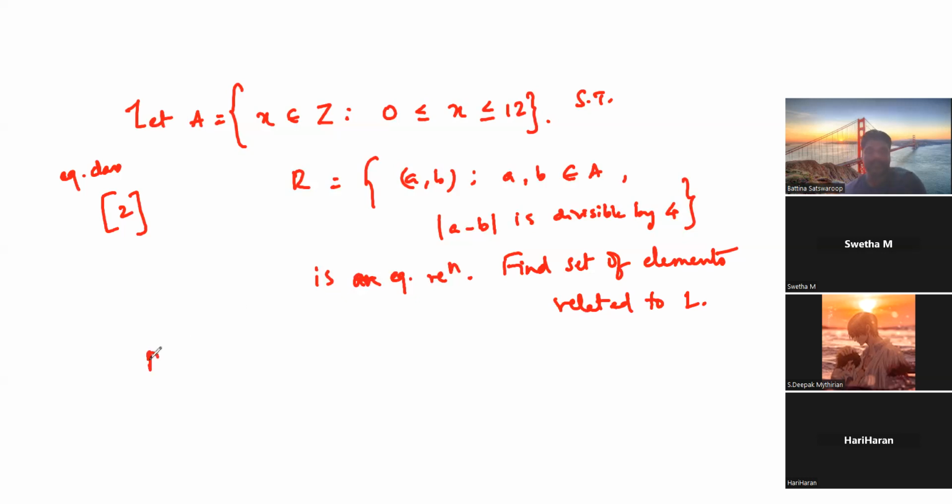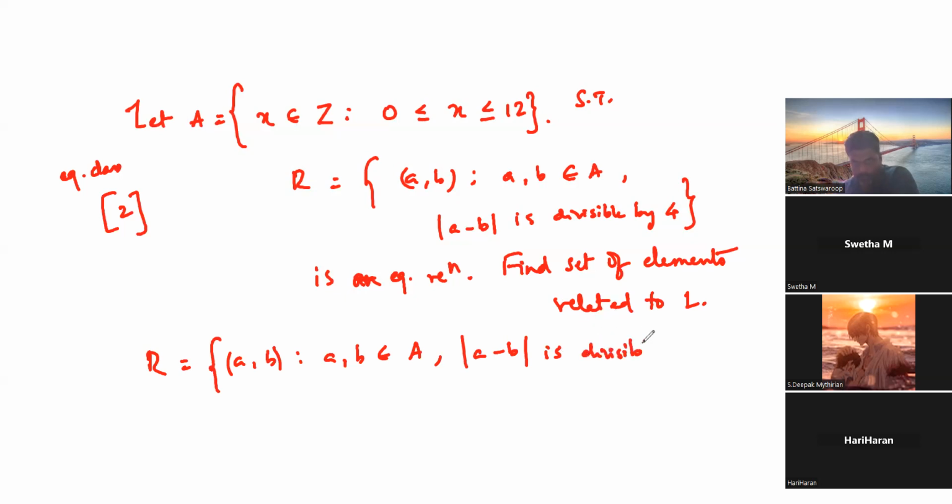First of all, R = {(a, b) such that (a, b) belongs to A, where the modulus of a minus b is divisible by 4}. Right? It is given in the question.